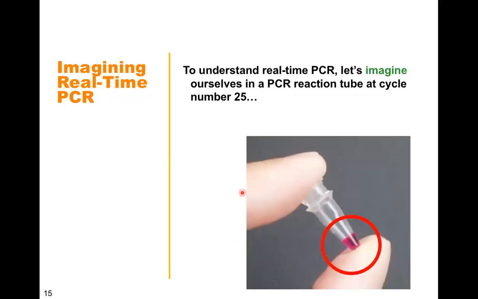This is how the reaction mixture looks. We put real-time PCR for 30 or 40 cycles, and this is how the reaction looks at cycle 25. Now one might ask, what if we start with 10 molecules or, say, 100 molecules? Will it get exponentially amplified?